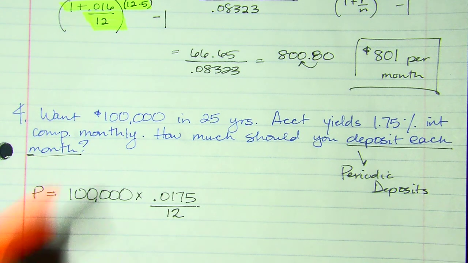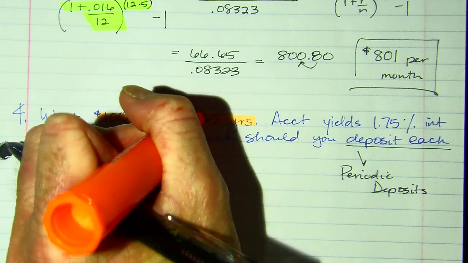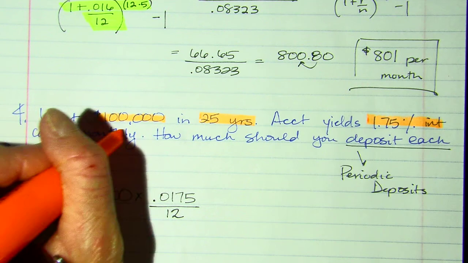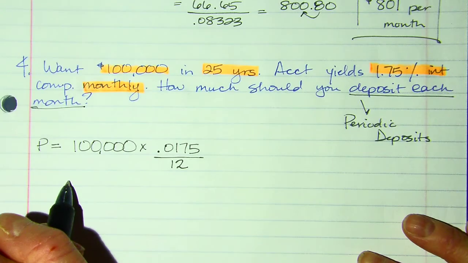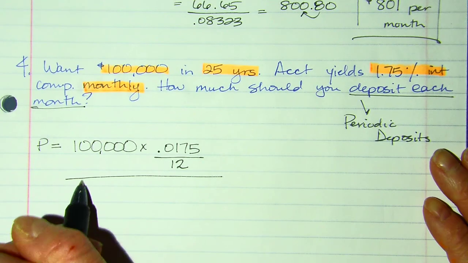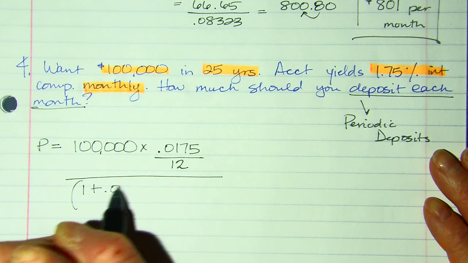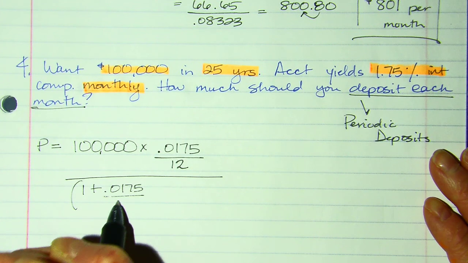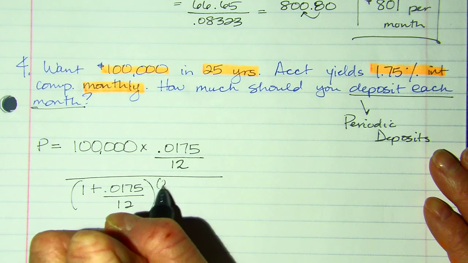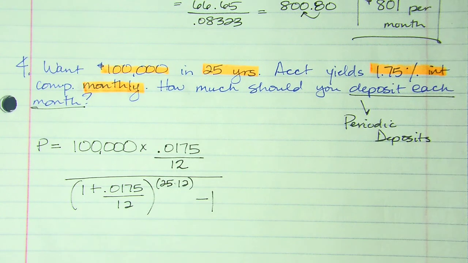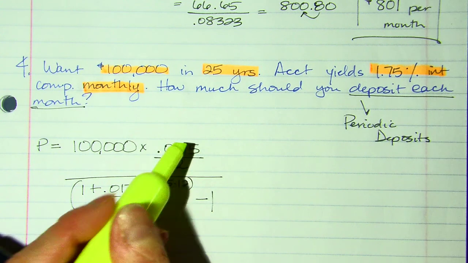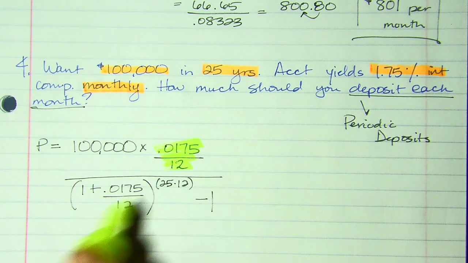So here's B, time, interest rate, compounded monthly. And I'm going to divide all of that by 1 plus my rate divided by 12. And up here I said it should have 25 times 12 and then minus 1. Now remember, the things we're going to do first, I'm going to evaluate this and then I'll evaluate that.